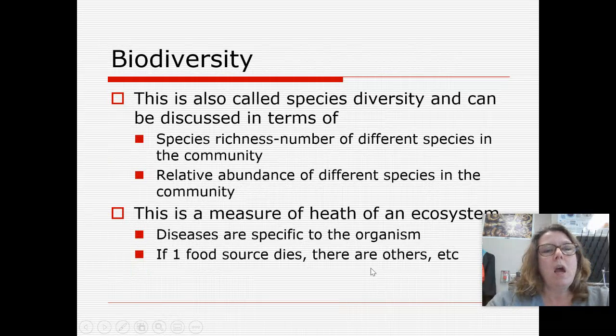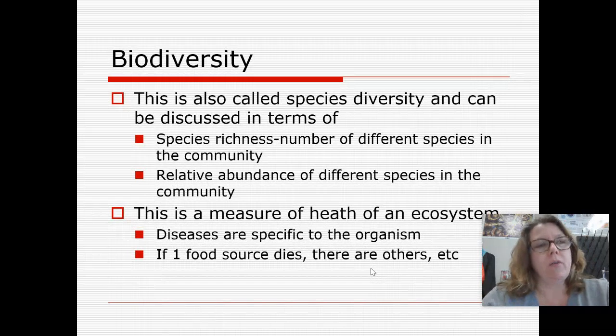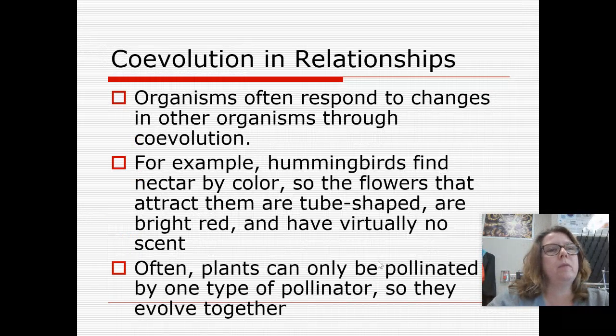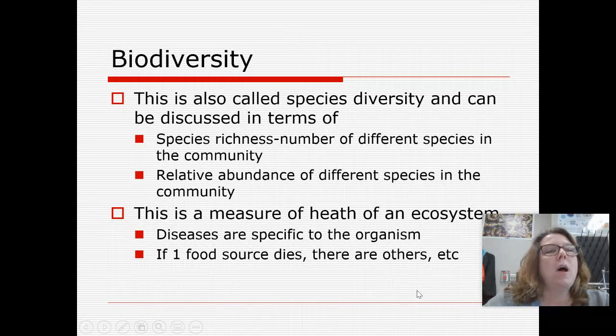All right. Let's talk now about, we're going to start to transition toward ecosystem biology, and let's start talking about diversity, and specifically biodiversity. This is also called species diversity, and you're going to be looking at Simpson's Diversity Index as a measurement of biodiversity.